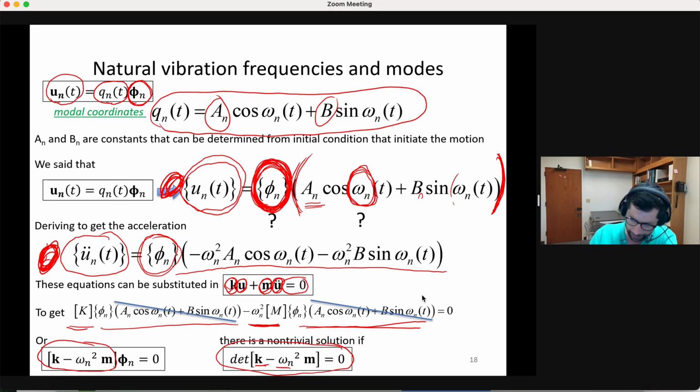Now, clearly, you understand that if I write the determinant of this matrix, I will get a polynomial equation. The roots of the polynomial equations are the frequencies of vibration of a multi-degree of freedom system. We will see that in a minute.